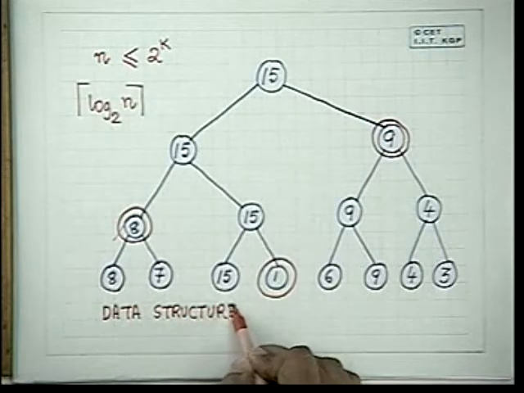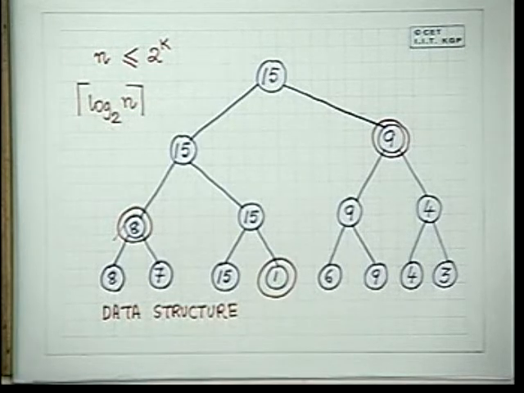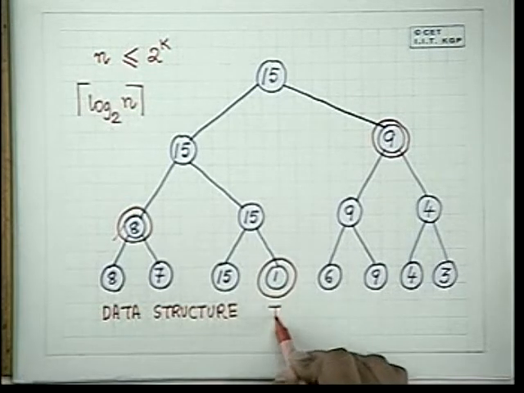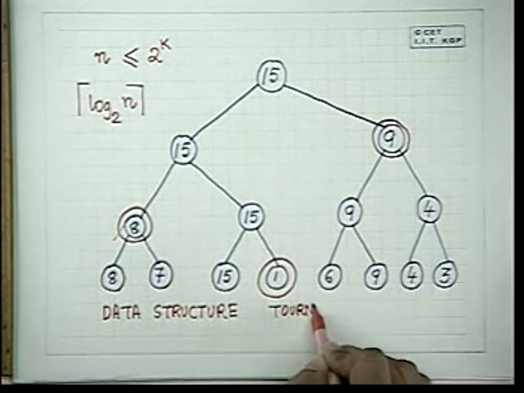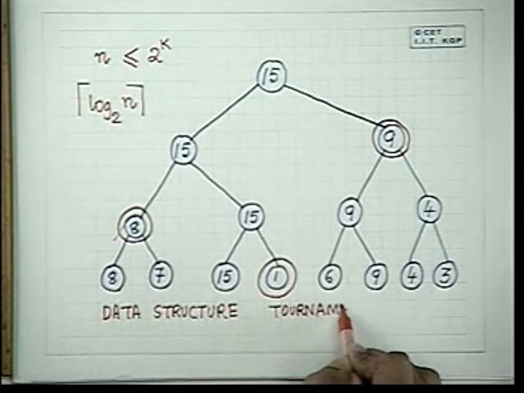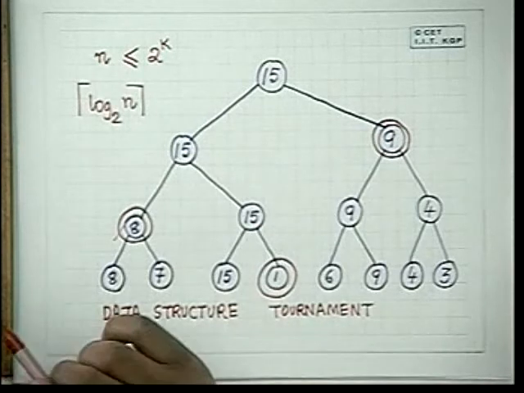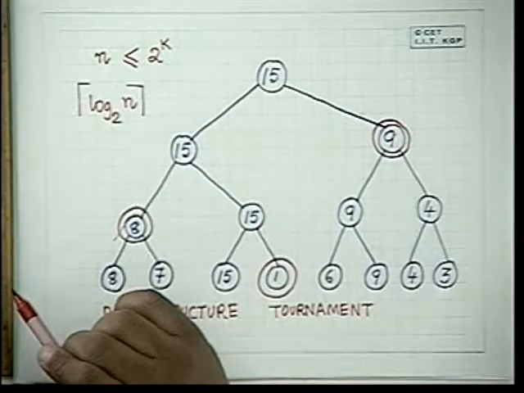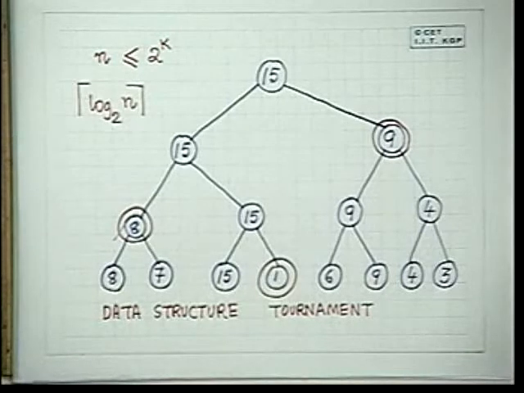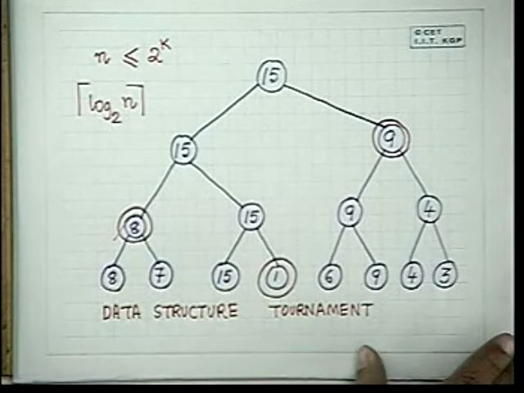Which was not so obvious in the previous case, but here we have reached a situation in which we have to implement this tournament structure, which we conceptually drew up with circles and links. So the question is, this is the data structure which we have in mind. The next phase is, how do we implement it?